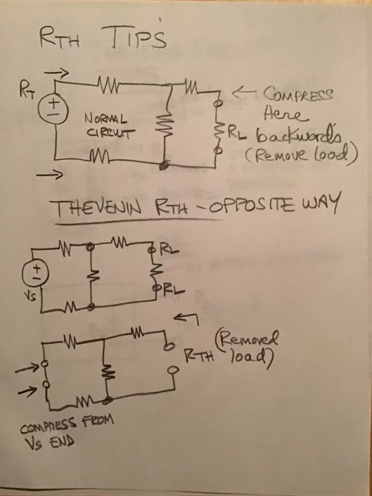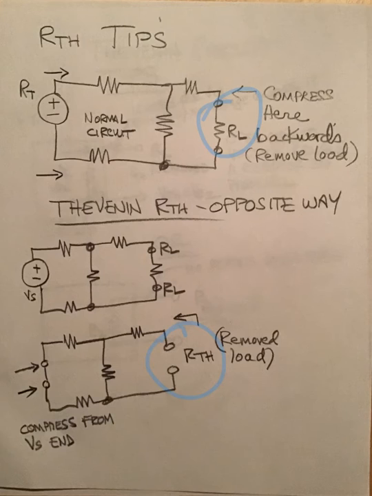Now, in addition to Thevenin, a couple of observations. Here's a complicated circuit. I've got a load sitting over here to the right, and I just want to calculate R Thevenin. So I take the load out of the circuit at some point to do that. As you can see down here, I have taken the load out.